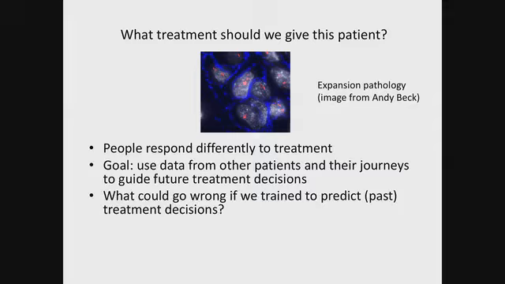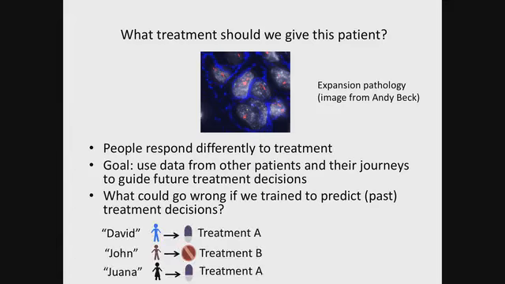So similarly to the previous question, we could ask, what would happen if we trained to predict past treatment decisions? This would be the most naive way to try to use data to guide treatment decisions. So maybe you see David gets treatment A, John gets treatment B, Juana gets treatment A, and you might ask then, OK, a new patient comes in. What should this new patient be treated with?